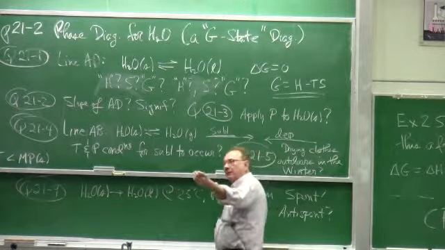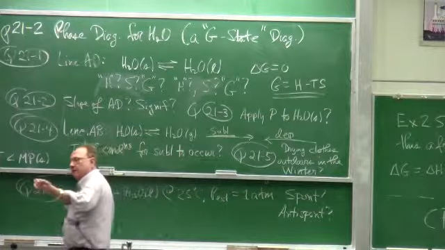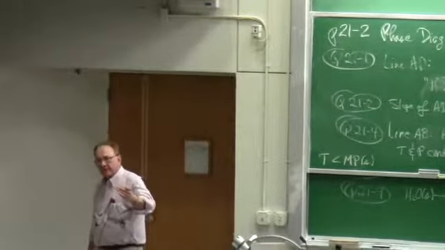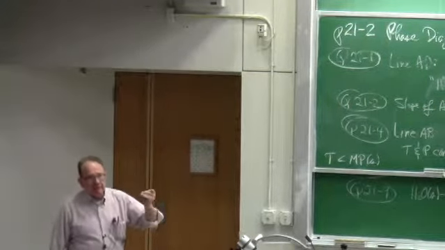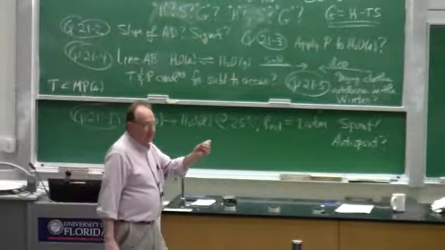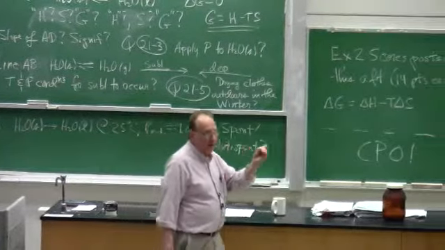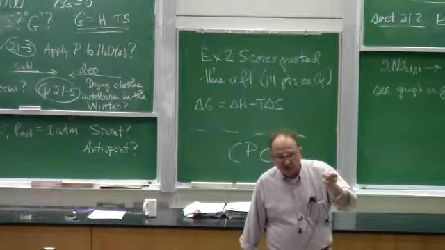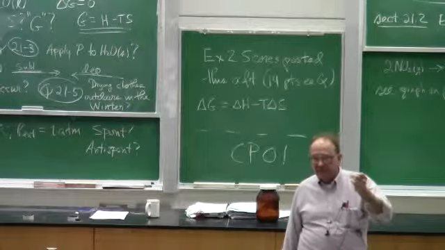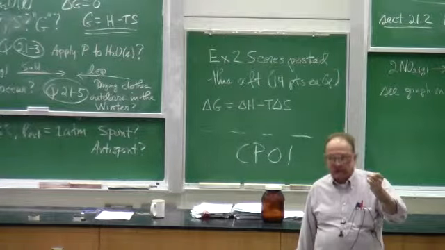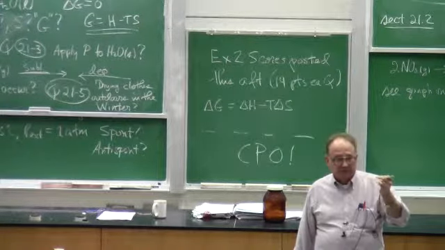Let's go back to liquid becoming vapor. In order for a liquid to convert to its vapor phase, we have to pay attention to the property of the liquid which measures its tendency to become vapor. What is that property of liquid? Vapor pressure. Same for solid.